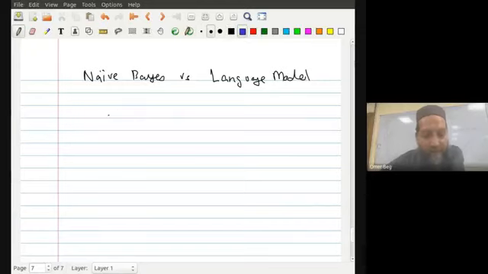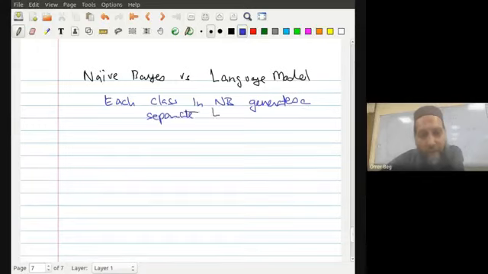So what's happening is that each class in naive Bayes generates a separate language model. So it's doing something similar. By which I mean naive Bayes assigns each word, for example word i, a separate probability for each class.